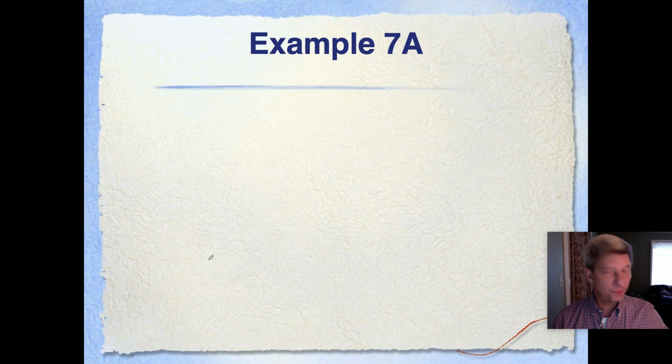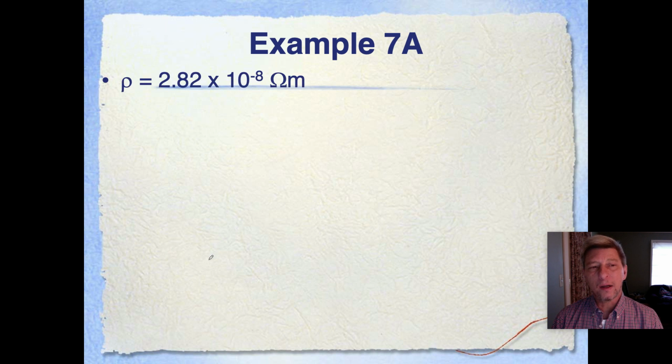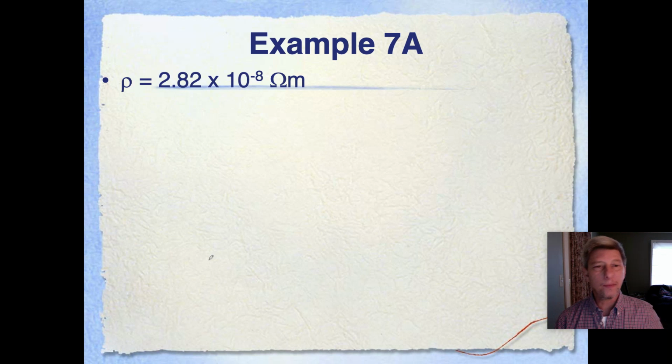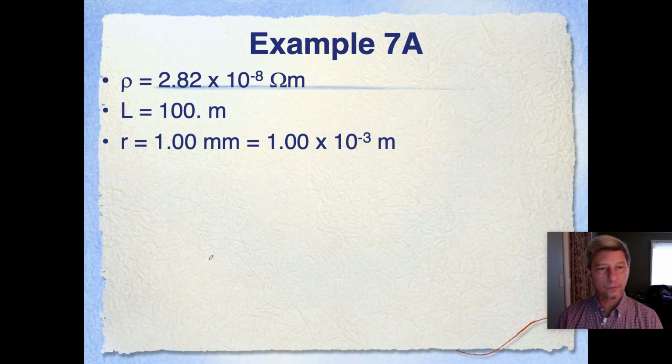So we're looking for the room temperature resistance. So R is going to be my big fat question mark, but I know that it's an aluminum wire. So I immediately go to my reference tables. I look up the resistivity value for aluminum, and it turns out that it's 2.82 times 10 to the negative 8th ohm meters. The length of the wire was 100 meters. The radius of the wire was 1.00 millimeters.